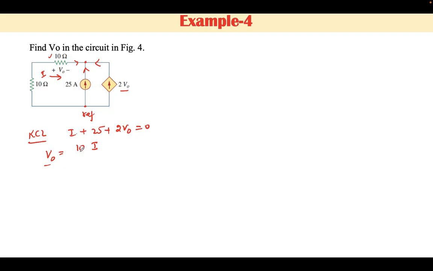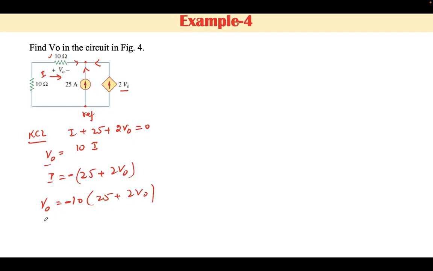In this case, I is equal to minus of 25 plus 2 V naught. Putting this value in this equation, V naught will be equal to 10 of minus of 25 plus 2 V naught.